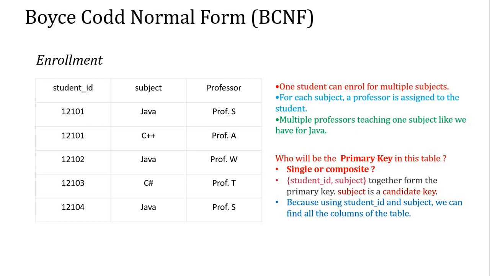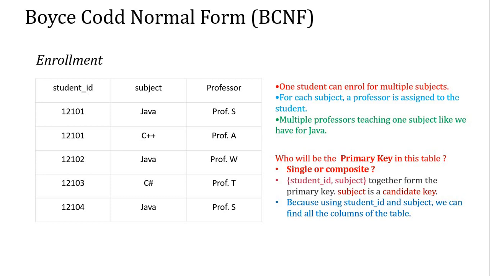If we make student ID and subject together the primary key, note that subject appears a lot of times. A student may take the same subject twice in different semesters if he has not gotten a proper result. Using the student ID and subject we can find all the columns of the table.